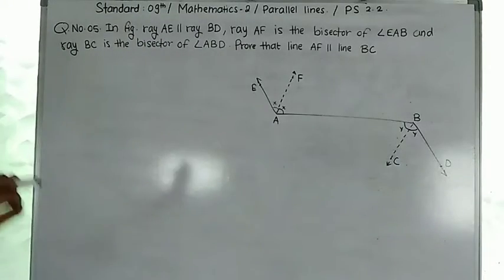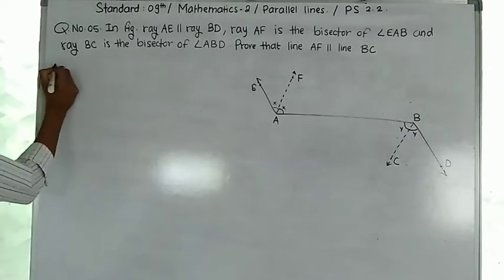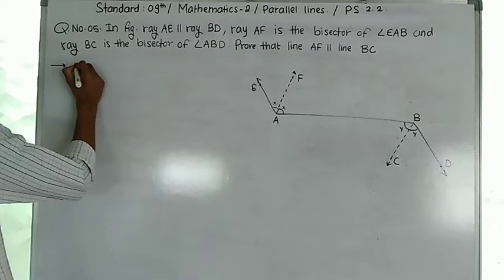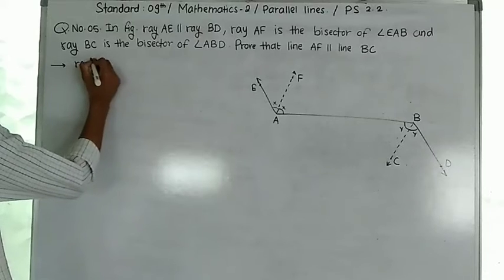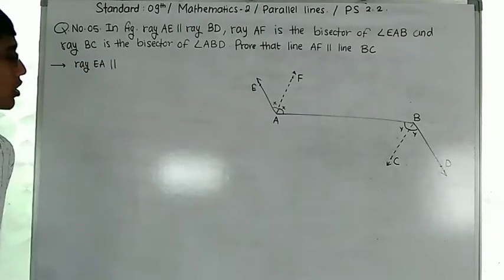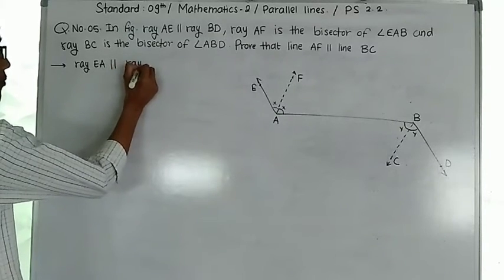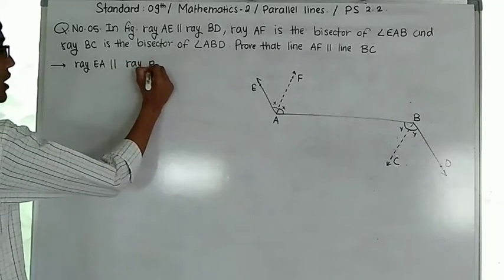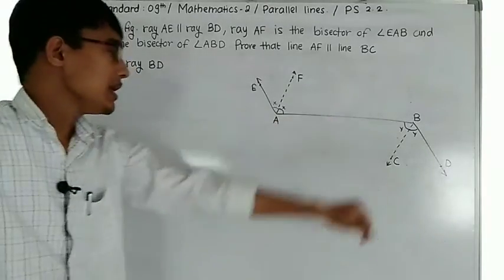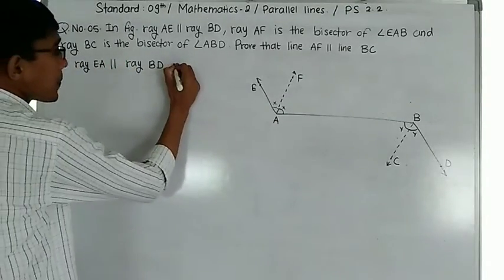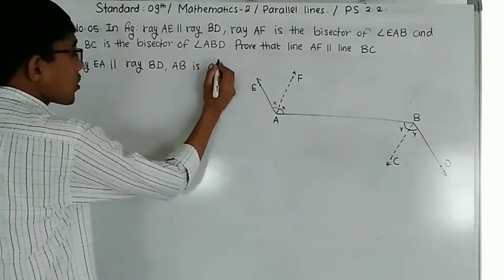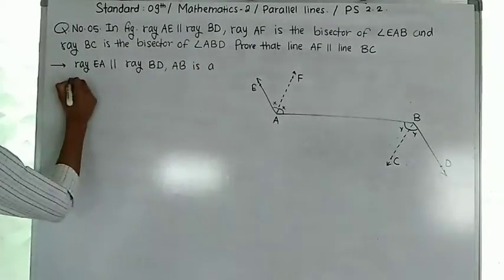Okay, so how can we prove this? First, it is given to us that ray EA is parallel to ray BD, and I will take AB as a transversal.